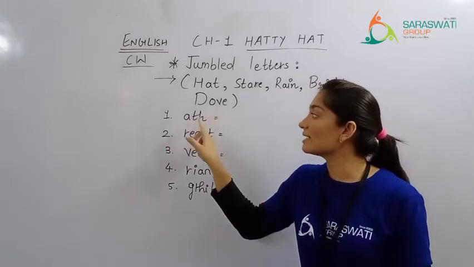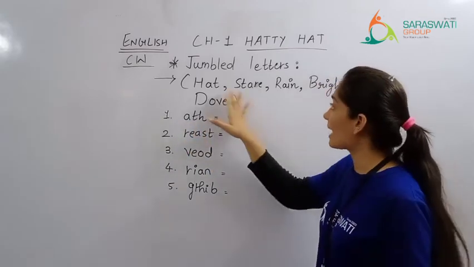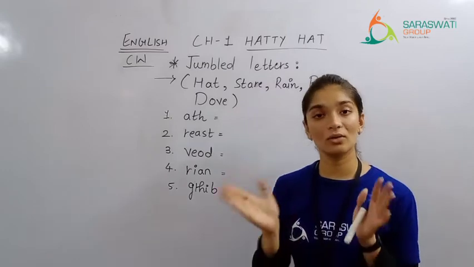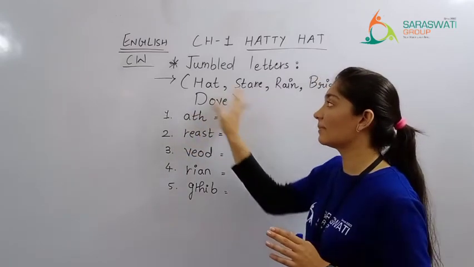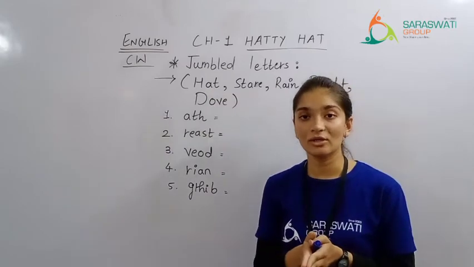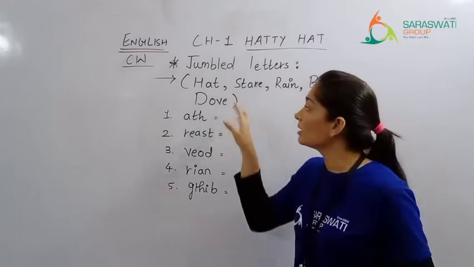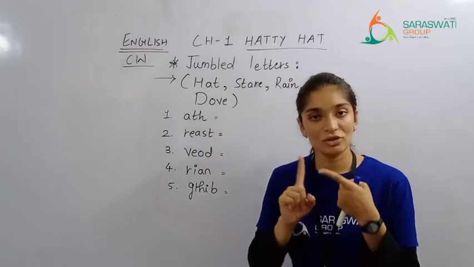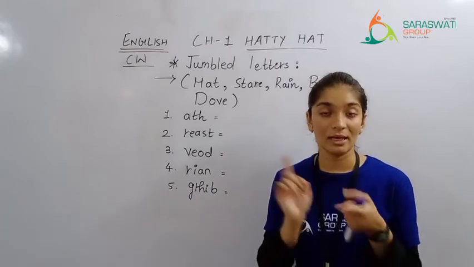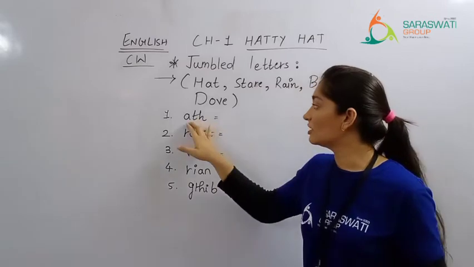It has three letters A, T and H. So in the bracket you have to find a three lettered word, because this word has three letters. Now once you find that there is only one three lettered word in the bracket, that is the answer. If there is only one word of three letters, then that word is the answer of this one.